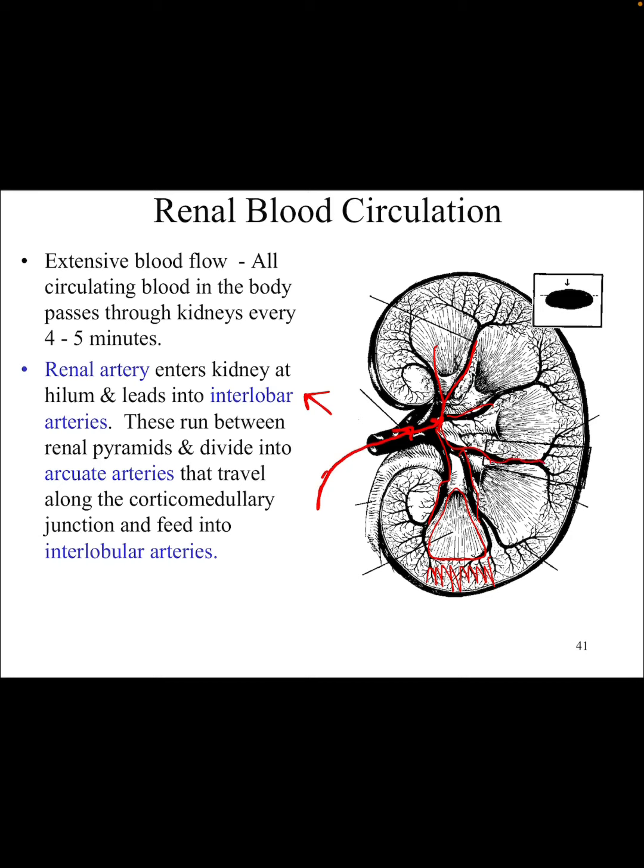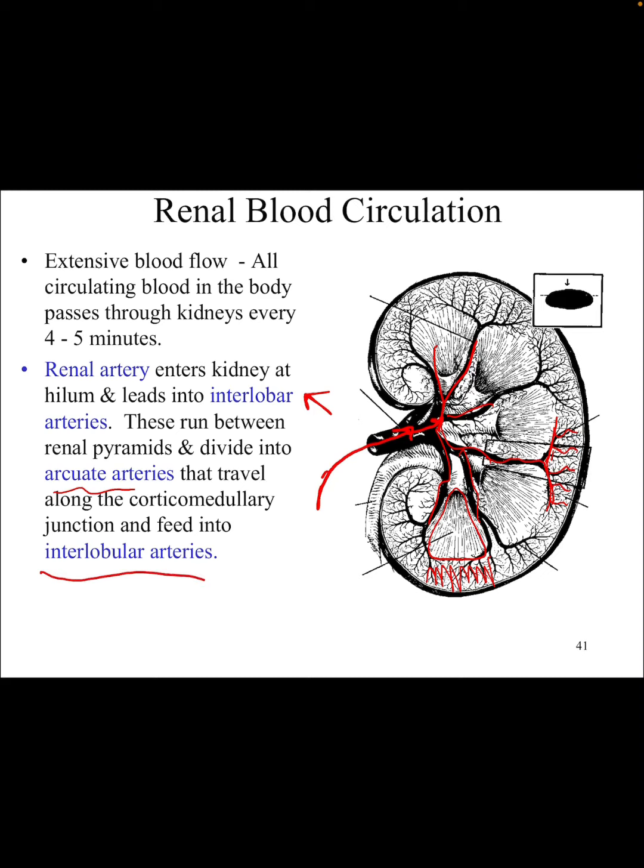Then this artery, at the level of the junction between the cortex and medulla, changes its shape like an arc, and we call it the arcuate artery. From this arcuate artery, we have branches called the interlobular arteries.